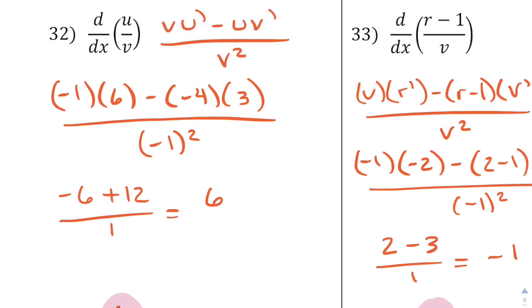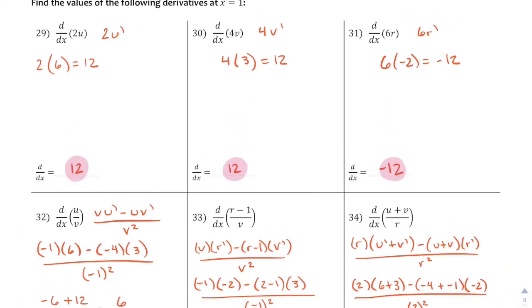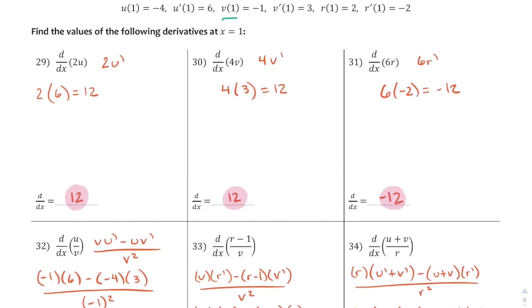So yes, denominator times derivative of the numerator minus numerator times derivative of the denominator gives me v u prime minus u v prime all over v squared. Pulling out all those pieces, v is negative 1, u prime is 6.